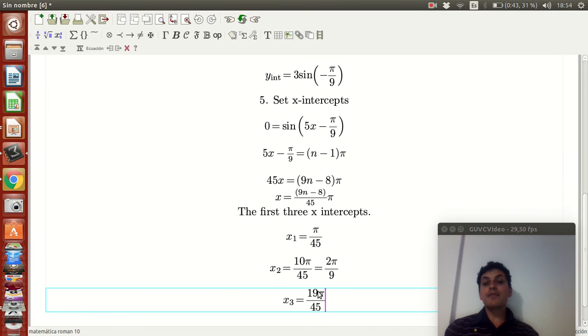So let's see if it works. 19 minus 1 is 18. 18 pi divided by 45. I can get the 9 part, 2 pi fifths. You can do it step by step to see the process, but the thing is that we have the period here. So we have the intercepts now.